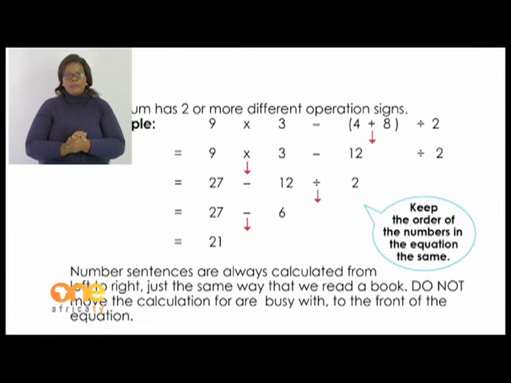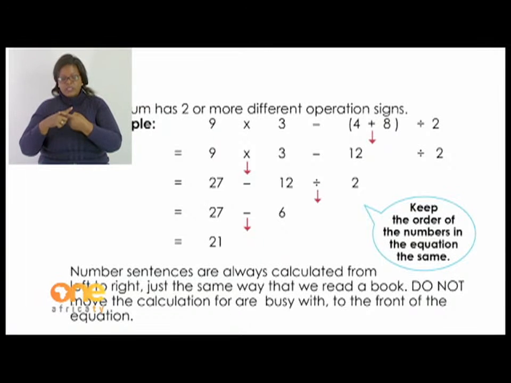So in this sum, the first operation that we will find there is multiplication. So what is the answer to 9 times 3? 27. So we write down, we go to our next step. So 27 minus 12 divided by 2.